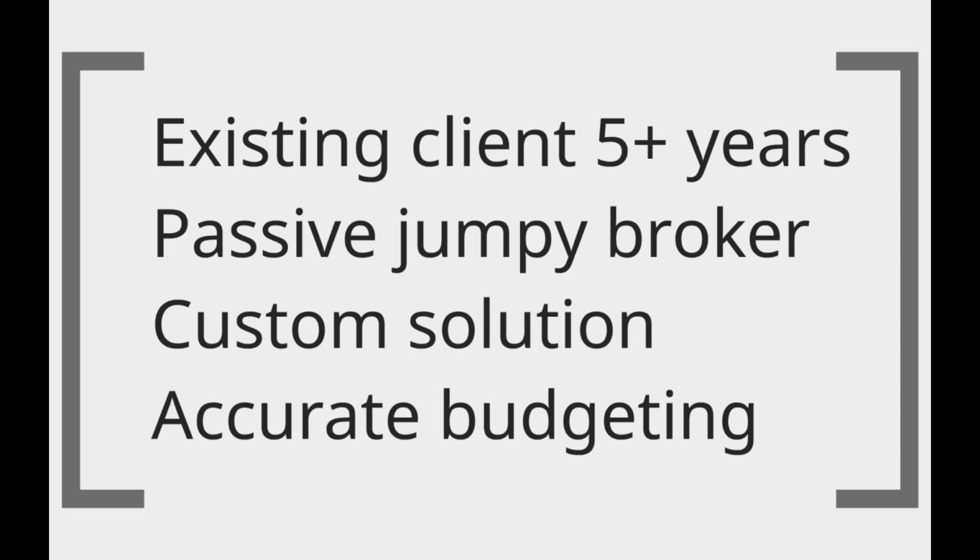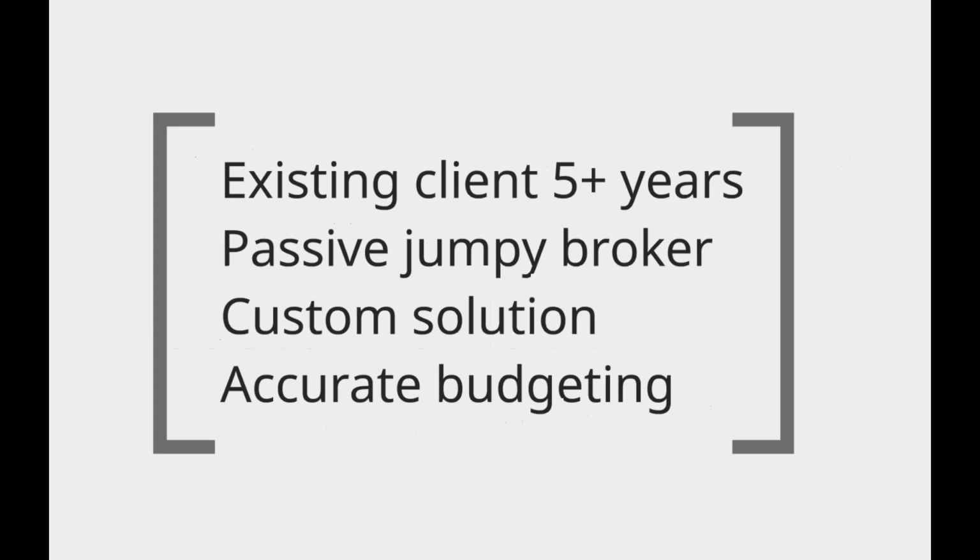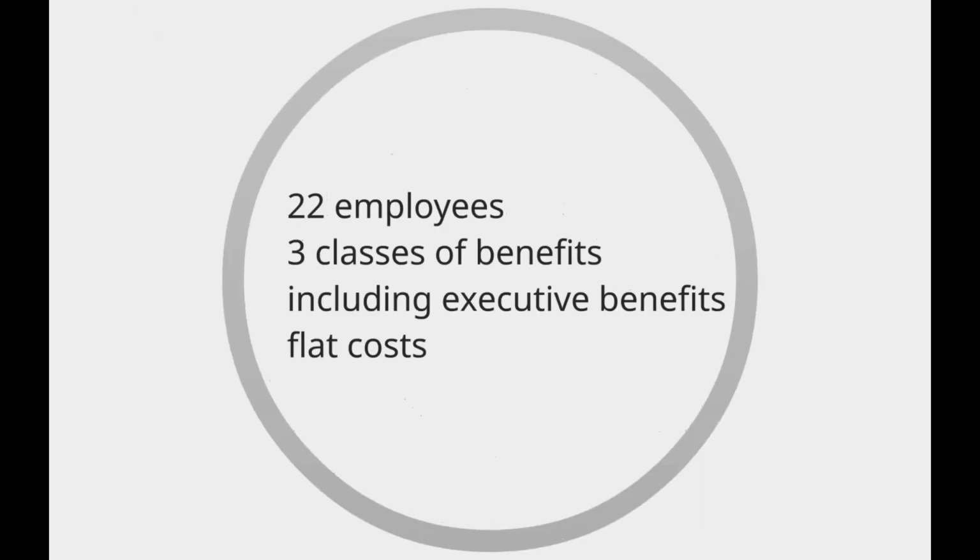But the key thing was this passive jumpy broker, right? In this particular company, they've got 22 employees. They've got 3 different classes of benefits, including executive benefits, and they've had fairly flat costs. So it's not a huge case, but it's a very important case, and it's still a great case.